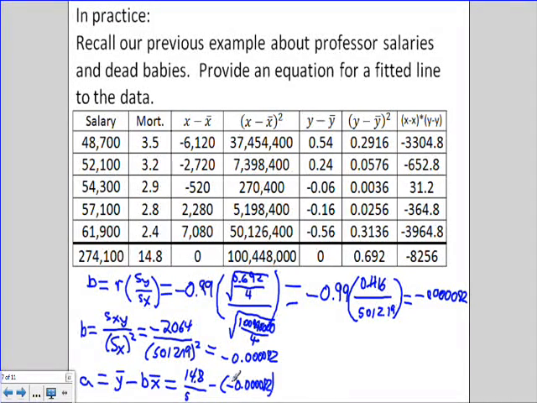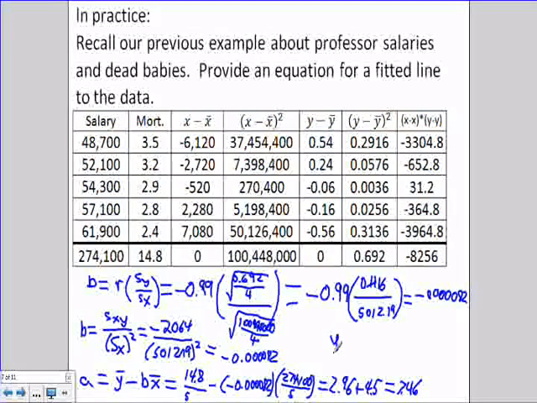Note that we have a minus, so this will end up being a positive. And x bar in this case is the sum of x divided by n, 274,100 divided by 5, which leaves us with 2.96 plus 4.5 approximately.